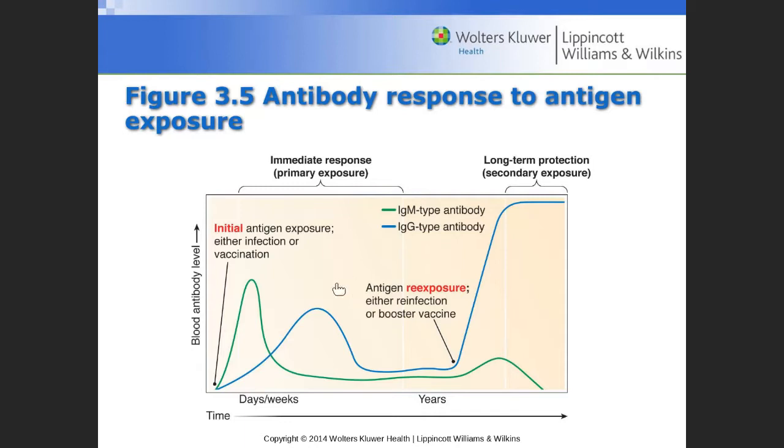Okay, now, one of the most important things to talk about is that adaptive immunity takes 2 weeks to develop maximally, right? So I don't know how many of you have got the vaccine for the coronavirus.